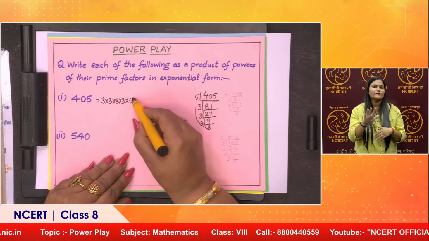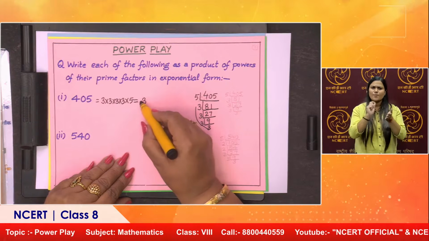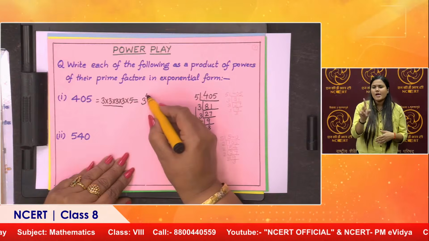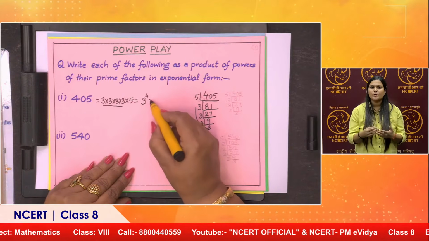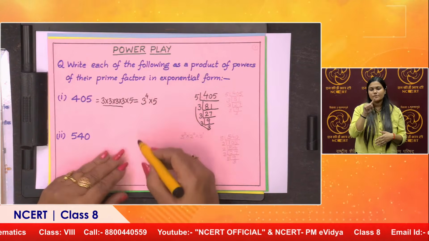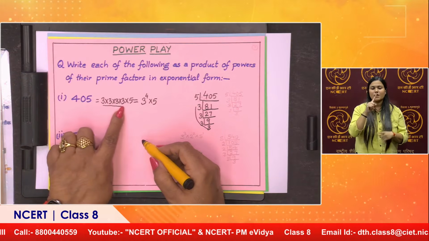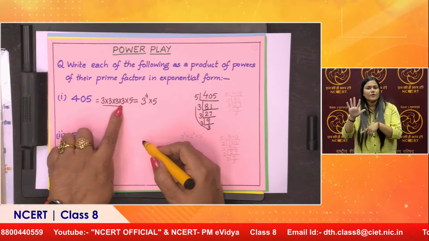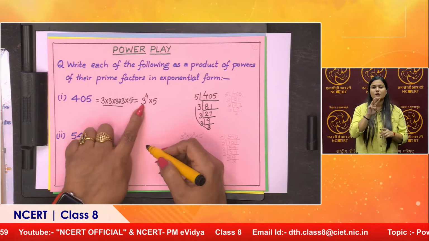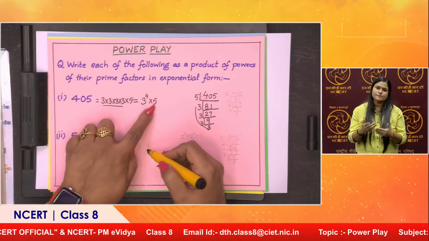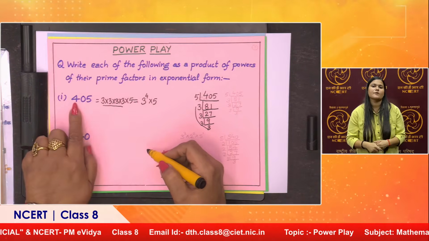Now, children, I can express 405 as 3 into 3 into 3 into 3 into 5. Instead of writing 3 four times, I can use a power. So, 3 to the power 4, into 5, I can write for 405.